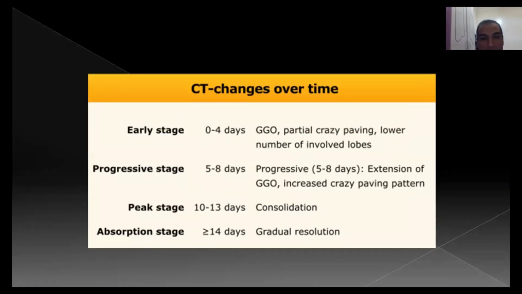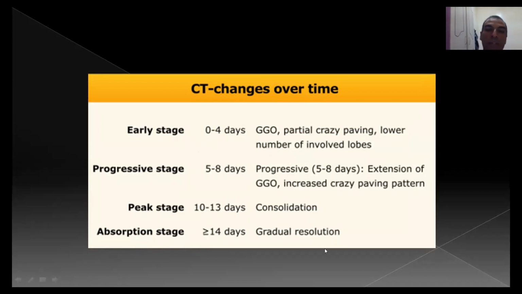This is the classic, the most classic progress of the patient. Early stage, 0 to 4 days. Maybe some early stage cases resolve, but we are talking about the classic form. Then the progressive stage, 5 to 8 days, the peak, 10 to 13 days, and the absorption stage, more than 14 days.